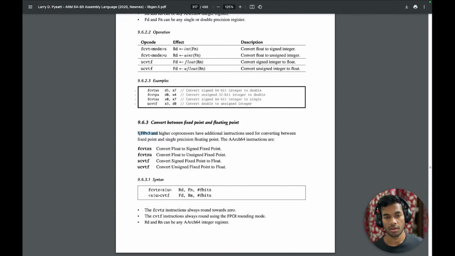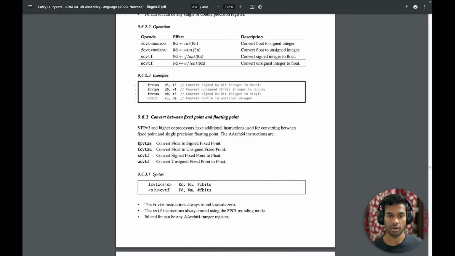I guess VFP3 and higher co-processors have additional instructions for converting between fixed point and single precision floating point. The ARM64 instructions are as this: F convert Z, signed and unsigned.